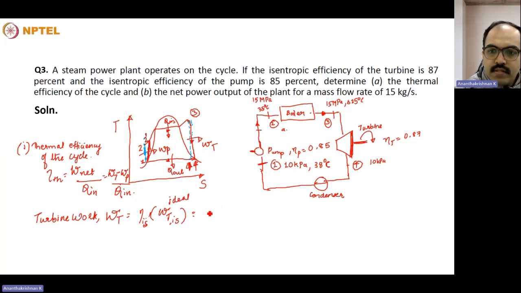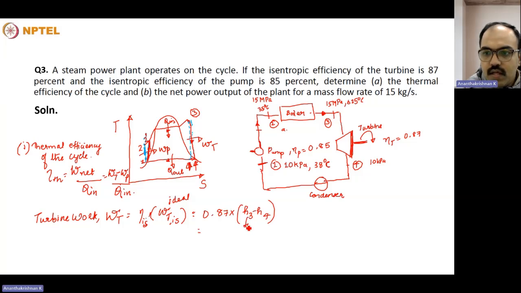So basically I can represent it in terms of the isentropic efficiency and the enthalpy change. So this could be written as H3 minus H4. So H4 is the isentropic enthalpy at the state point 4.